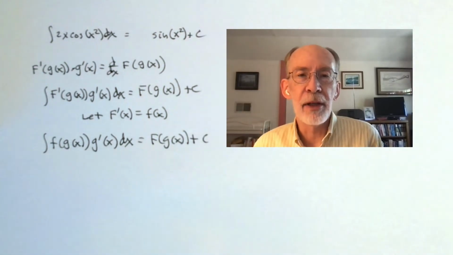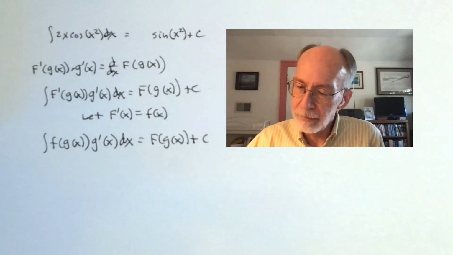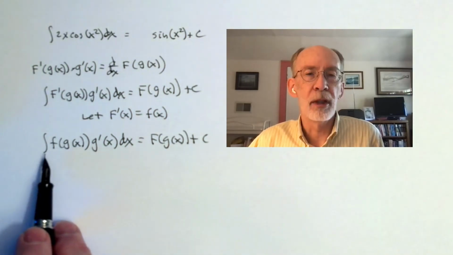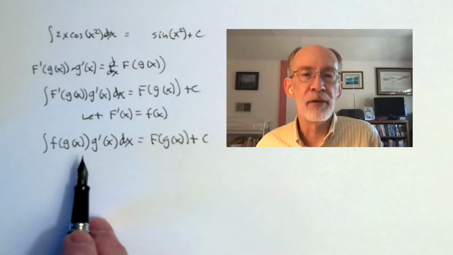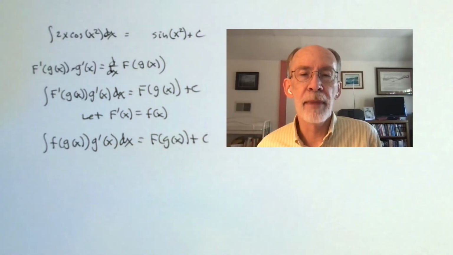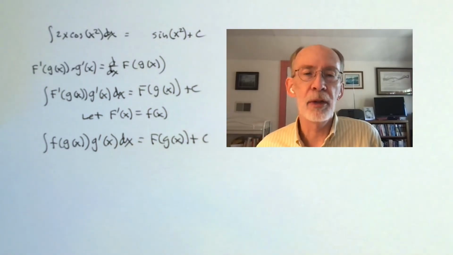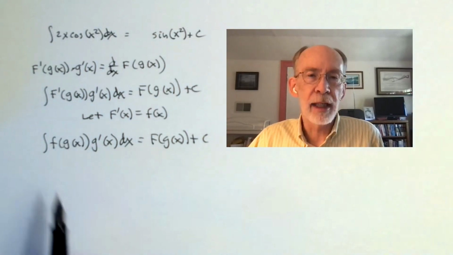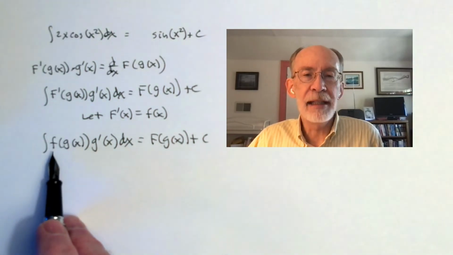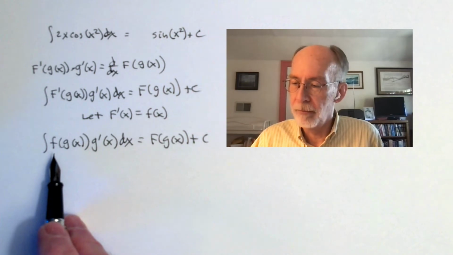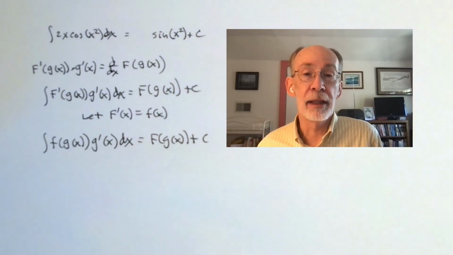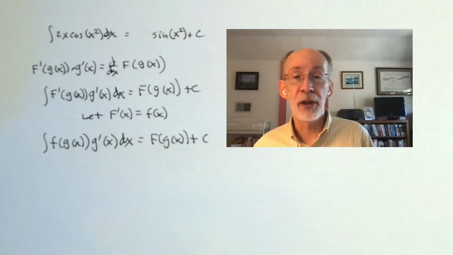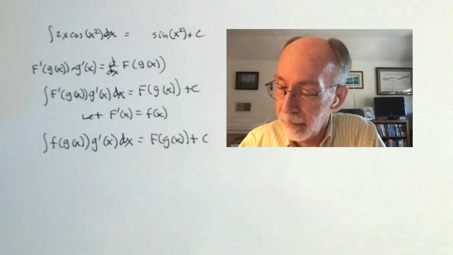And the thing about this that is maybe a little bit cool is if this was what you were initially confronted with, an integrand of the form f of g times g prime, all you have to do to get to a result after you've recognized that relationship is to anti-differentiate the f, take its antiderivative, plug the g in, and declare victory. This is called integration by substitution.